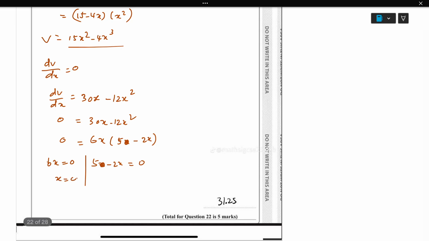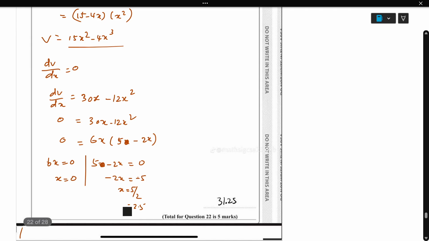So here x equal to 0, and here minus 2x equal to negative 5, so x equal to 5 by 2. Okay, so x equal to 2.5. So I got two x values. Now I need to find which one is maximum and which one is minimum.